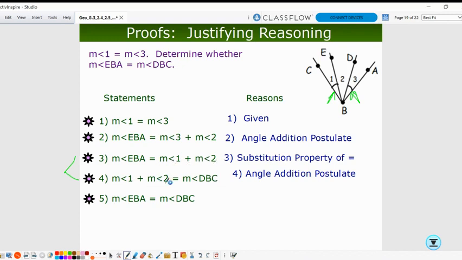DBC is also angle 1 and angle 2. So that's called your transitive property of equality. Sometimes students also will use substitution property of equality, and you'll be given one or the other as an option. So you can use both of them sort of interchangeably, and that'll be fine for us this year. So you could also say substitution.